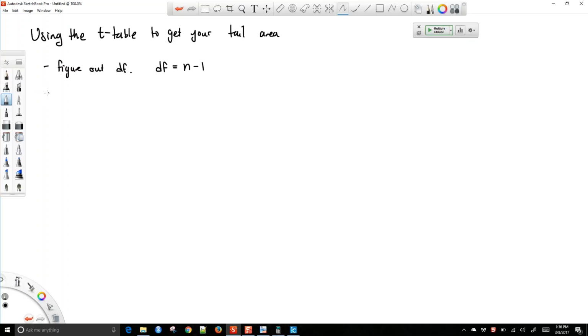And then find where your test statistic t is in that row. Okay, and then the corresponding tail area is between the column headings.